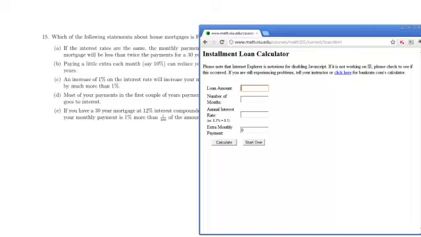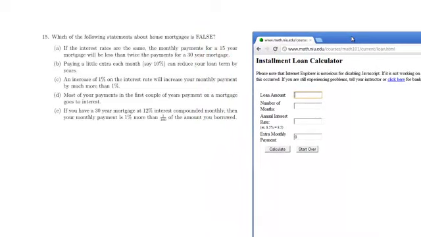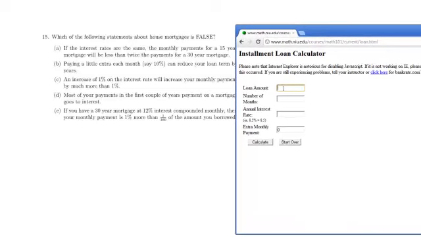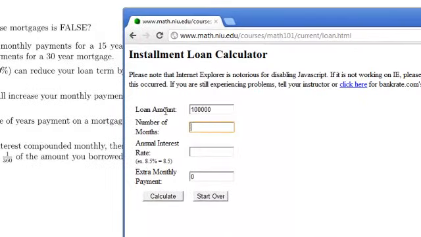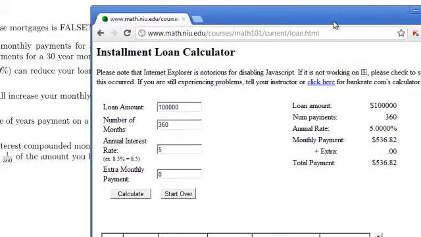So it says the monthly payments for a 15-year mortgage will be less than twice the payments for 30 years. Let's just take a $100,000 loan for 30 years at an interest rate of 5%, and see how much that is per month. It is $536.